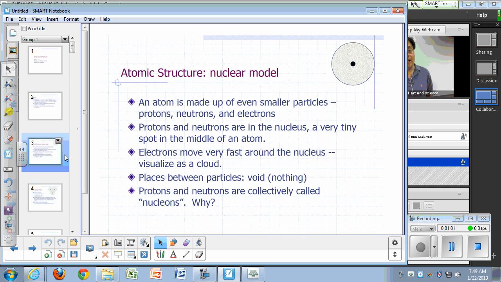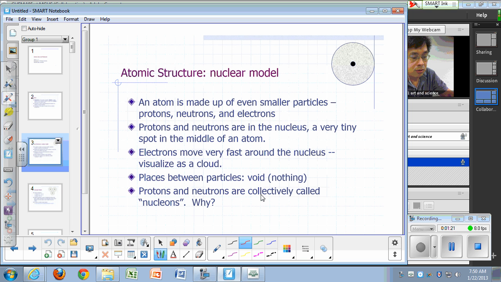So what's an atom? Well, our current picture of what an atom looks like resembles what I have here in this figure. We now know that atoms are made up of even smaller particles, which we call protons, neutrons, and electrons. Two of these types of particles, the protons and the neutrons, you find in a very tiny spot in the middle of the atom called the nucleus.